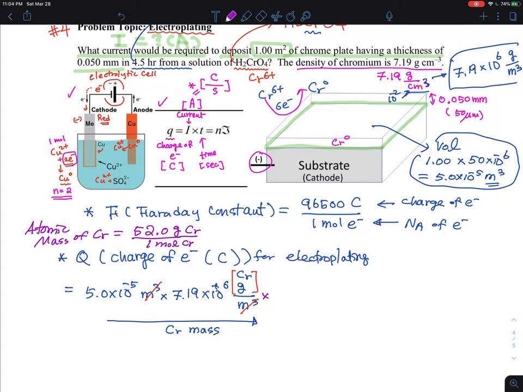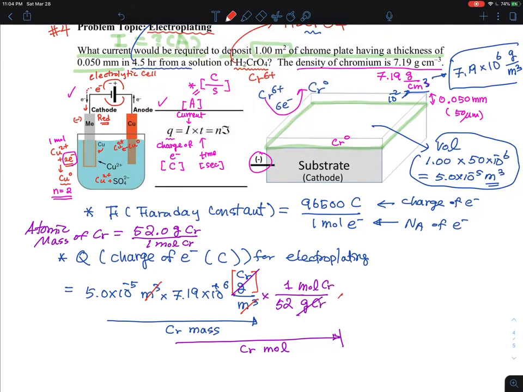So that means I want to put grams of chrome and moles of chrome here. So 1 mole should correspond to 52, so that I can do this cancellation. I'm just up to here now in this unit conversion. Now chrome mole, right? So I know how many moles of chrome I need to use.